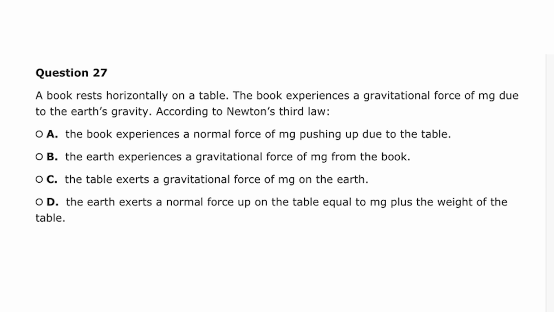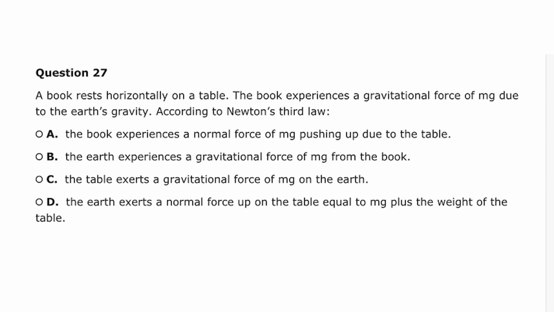That would kind of make sense, because if mg is pushing down, then you have to have mg pushing back up so that the book doesn't go anywhere. The book's not falling through the table. Just to clarify, the question is not asking for an "except" answer. This is looking for a right answer.